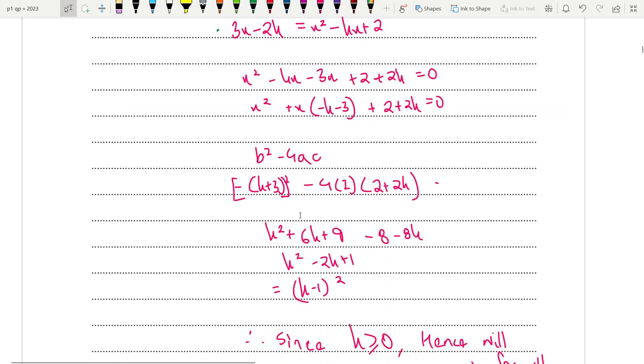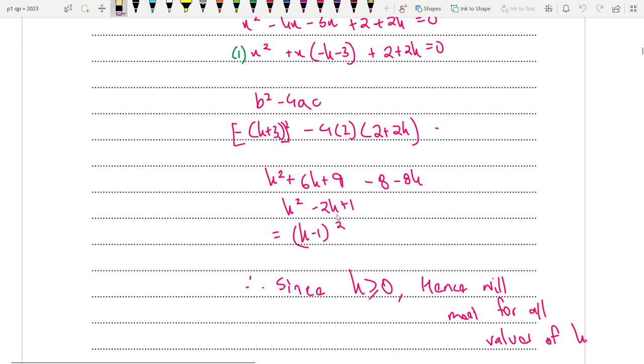So b squared minus 4ac is minus k plus 3 whole square, minus 4 times 1, there's an imaginary 1 before x, and c is 2 plus 2k. So we end up with k squared plus 6k plus 9 minus 8 minus 8k. And the final answer is k squared minus 2k plus 1, which can be simplified after middle term breaking to k minus 1 whole square.